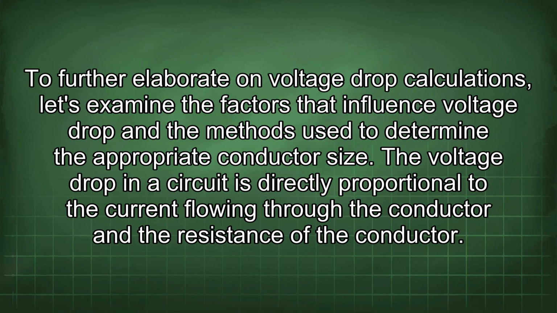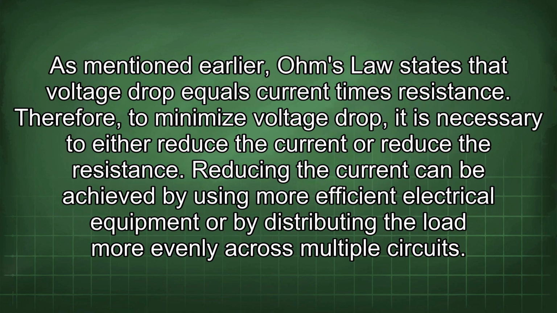To further elaborate on voltage drop calculations, let's examine the factors that influence voltage drop and the methods used to determine the appropriate conductor size. The voltage drop in a circuit is directly proportional to the current flowing through the conductor and the resistance of the conductor. As mentioned earlier, Ohm's law states that voltage drop equals current times resistance.